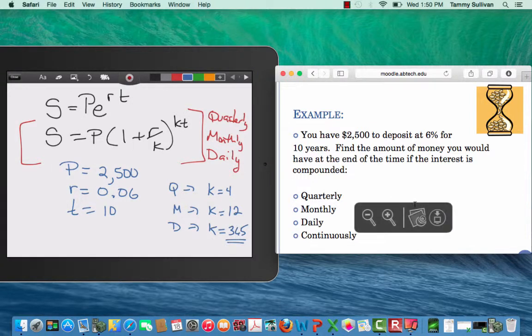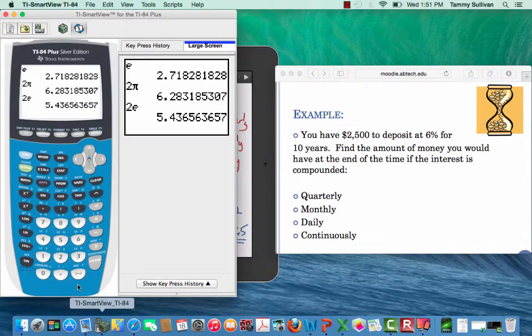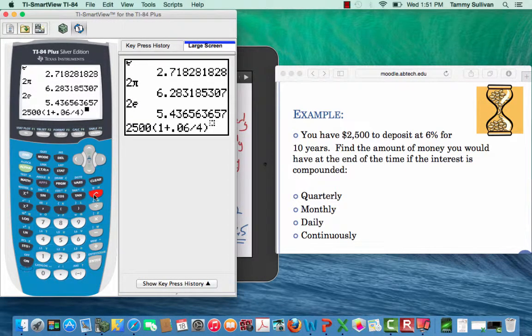So I'm going to plug those into the calculator to find the quarterly, monthly, daily, then we'll recalculate that for continuous. So let's pull the calculator back up. So I've got 2,500. I've got 1 plus my rate as a decimal, divided by, let's do quarterly first, and then that's raised to the KT, so that's going to be 10 times 4, so it's going to be 40.